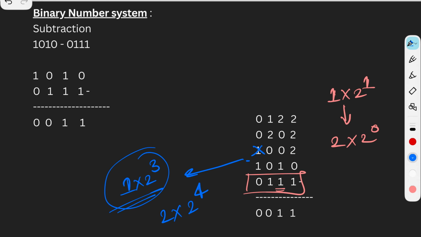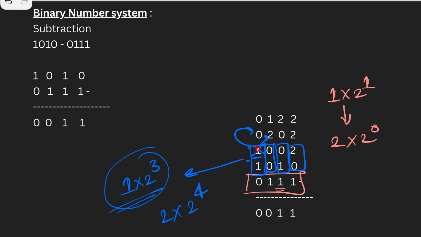Makes sense, right? Now you have 0 because you sent 1 here. When you send 1 from this third position to second position, remember we are calling it as a 0th position, we are calling it as the first position, we are calling it as a second position, and this is the third position. So when you send 1 from third position to the second position, it will become 2.